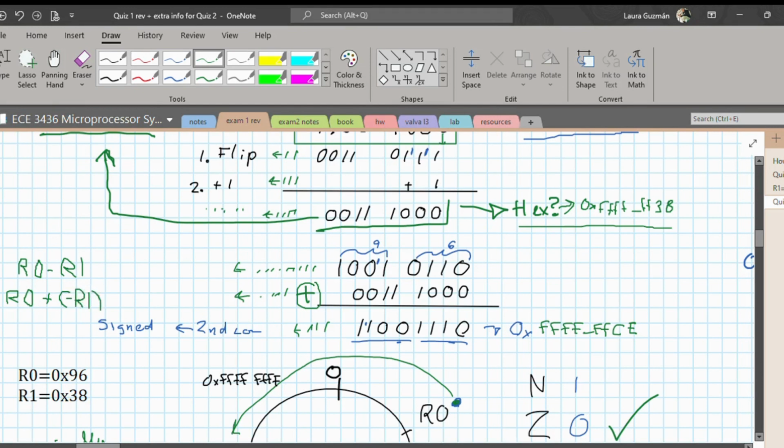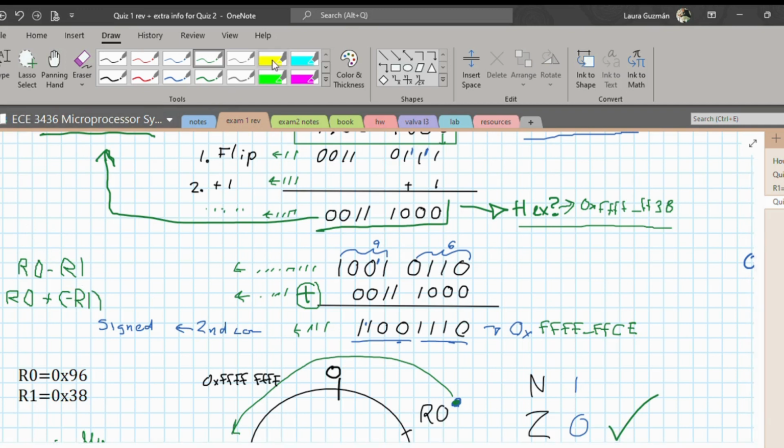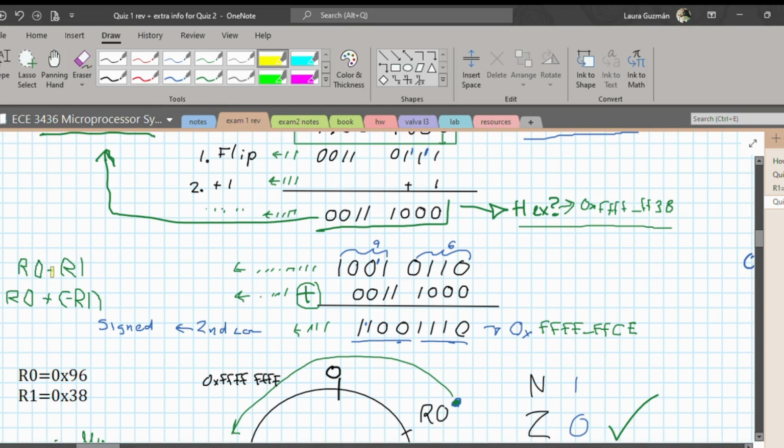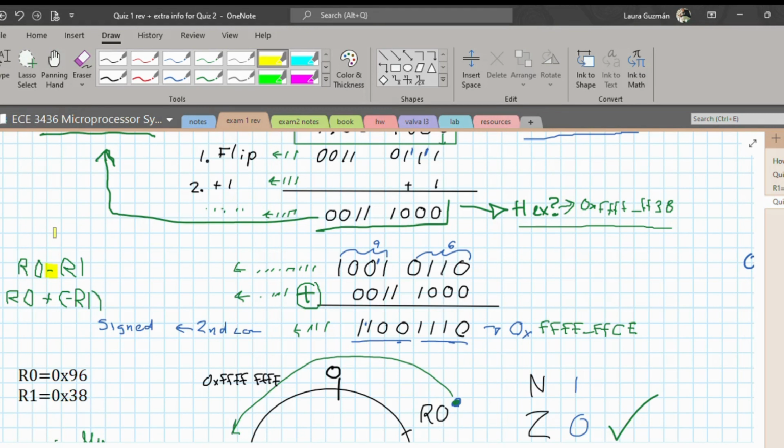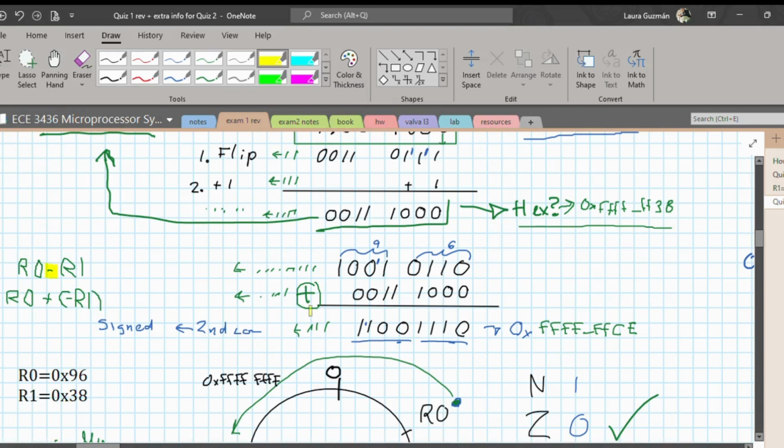This is what is going on. But I want you to understand that we are still fundamentally doing the original operation, which is a subtraction. So when you do the logic for the C carry, you're still going to be using the part of the chart that talks about subtraction, even though at the end we're just adding.